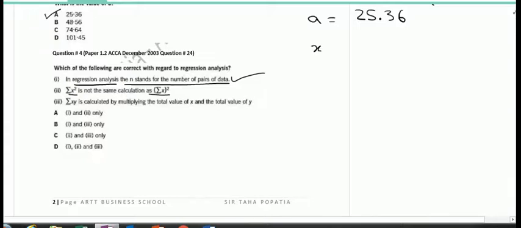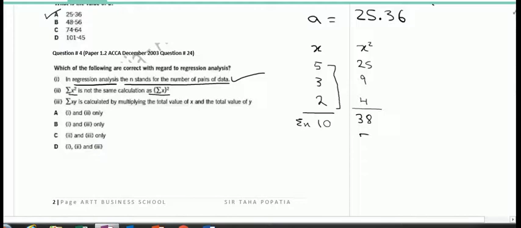By summation of x square, let's say our x is 5, 3 and 2. Summation of x is the sum of all these values, which is 10. When I say summation of x square, I square the terms: 5 square is 25, 3 square is 9 and 2 square is 4, and then I sum them up. That will be 38.